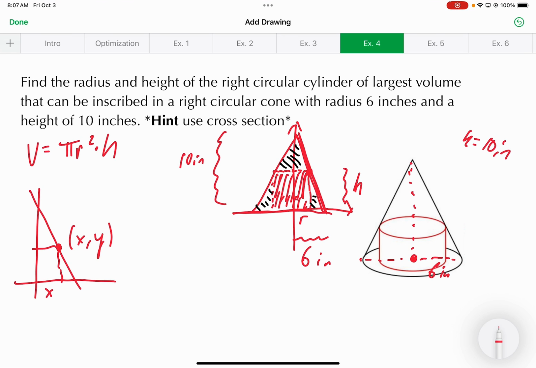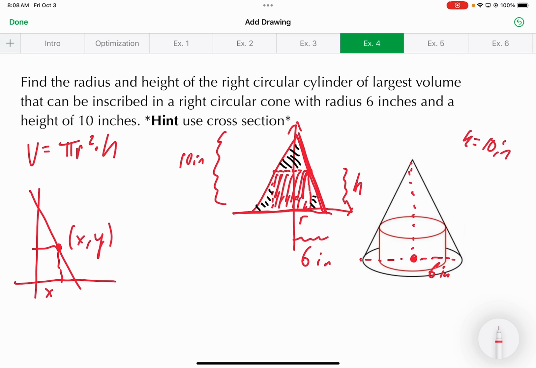So if I leave this as x and come up with an expression for y, then I know a point that I can use. It's similar to this situation, but in this case I'm not going to use similar right triangles. I'm going to try to use an equation instead, okay?